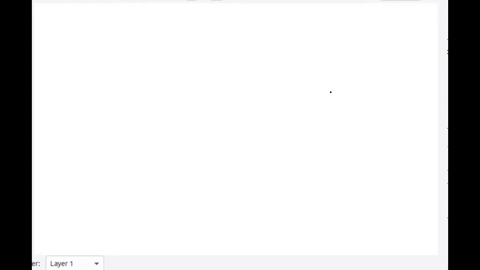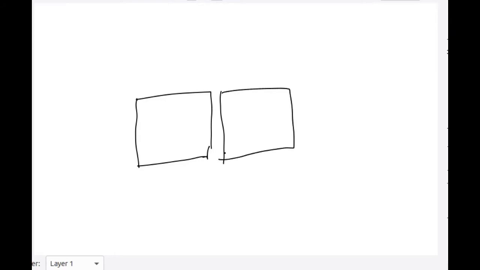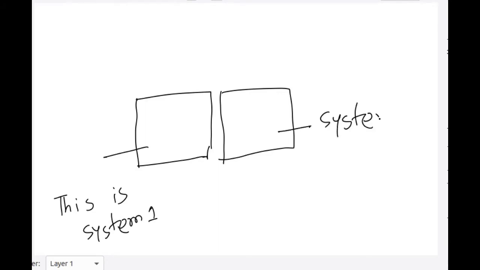Let me draw the picture. This is system 1 or object 1. This is system 2 or object 2.